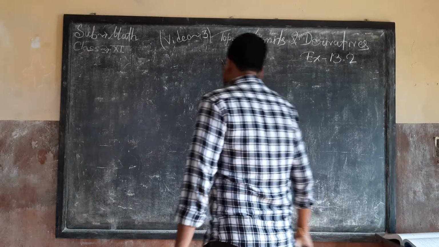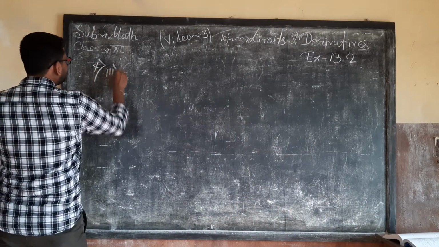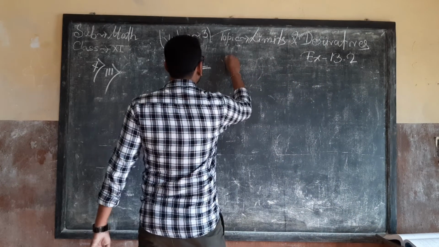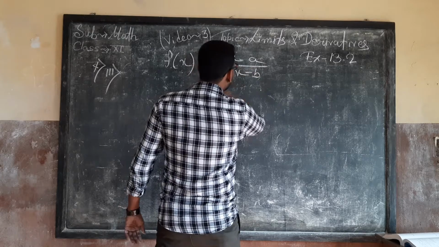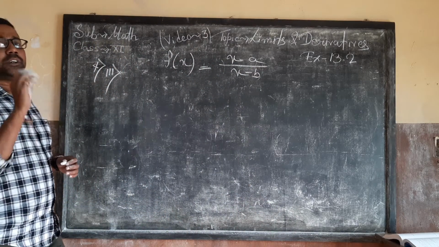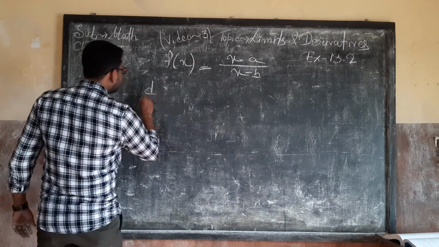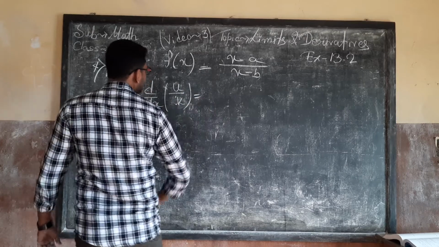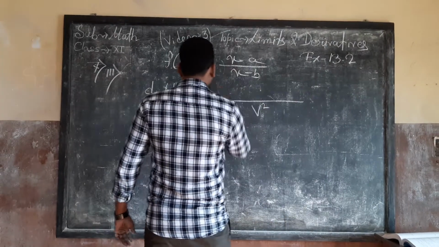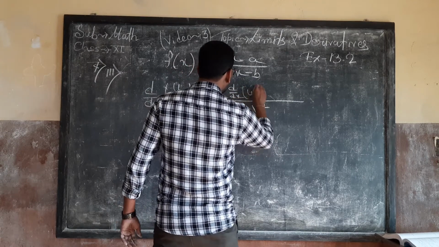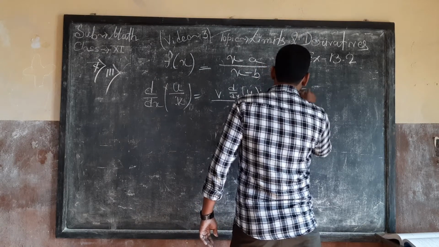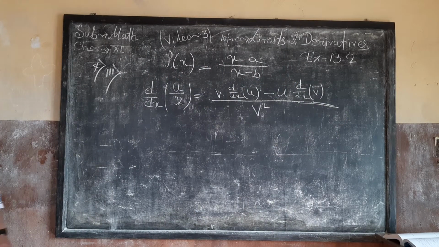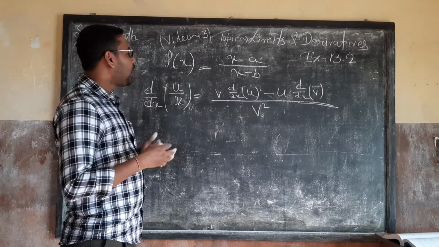Next one, 7.3. f(x) is equal to (x minus a) by (x minus b), and this time we use another important formula of the derivatives, that is d/dx of u by v, which is nothing but v into the derivative of u minus u into the derivative of v, over v squared.